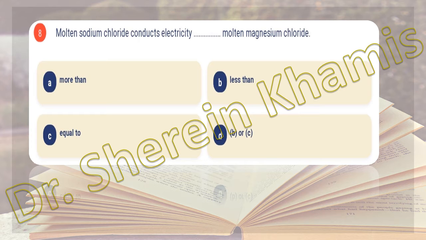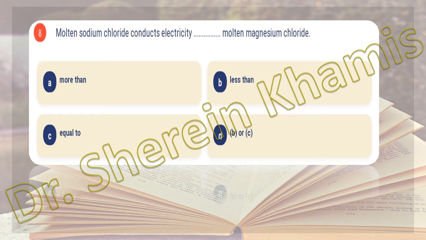Okay, when we are talking about molten sodium, we mention the character belonging to it as a metal or alloy that can conduct electricity very well. So we must melt them to conduct electricity, but when we compare between them, we have sodium chloride.